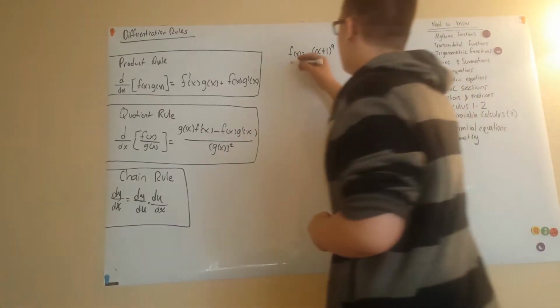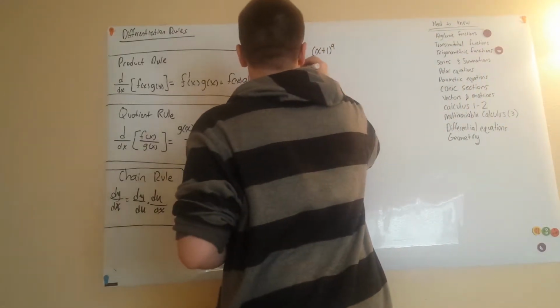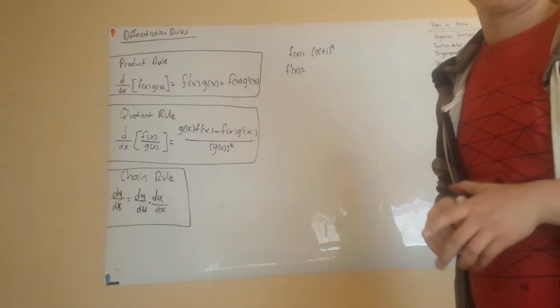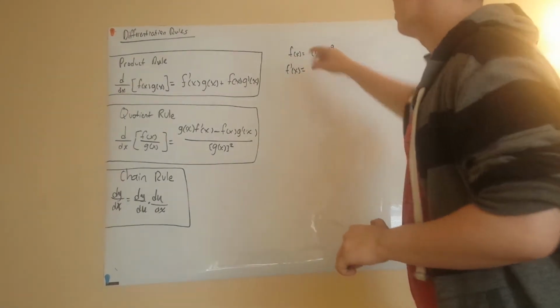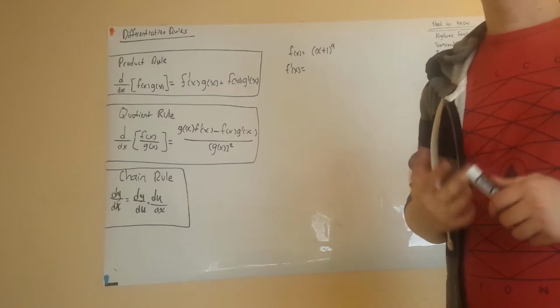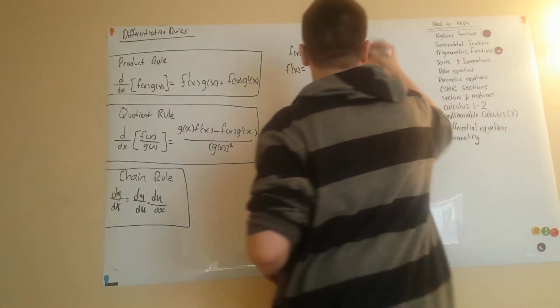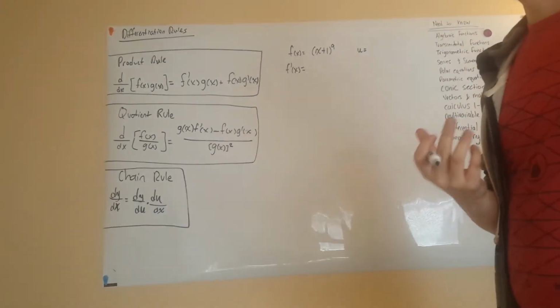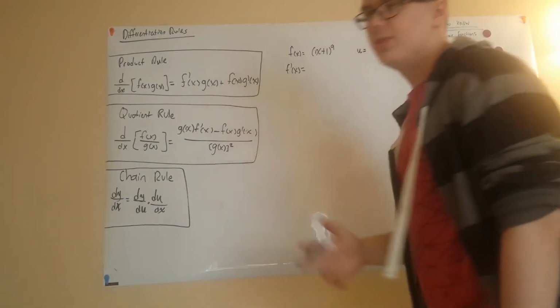If I want to find the derivative, I would have to expand that. But I don't want to. So what I could do is, off to the side, do a substitution.